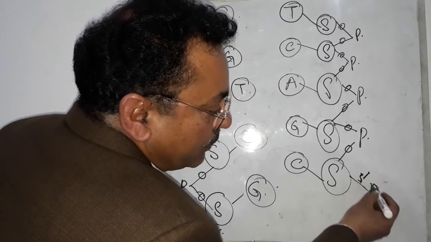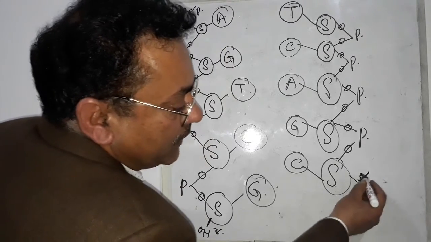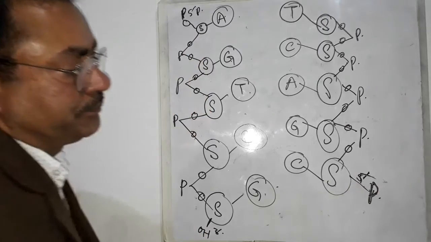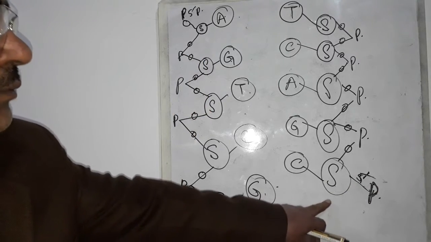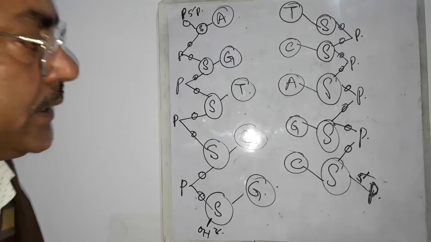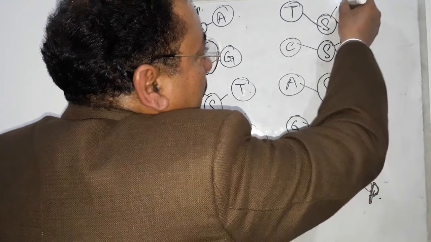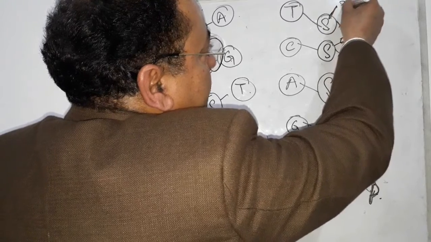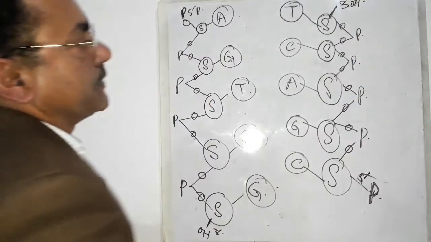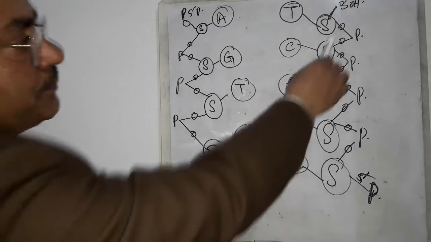So it is the 5-P position of the last nucleotide. And here we have the 3-OH position, which is free towards the end.